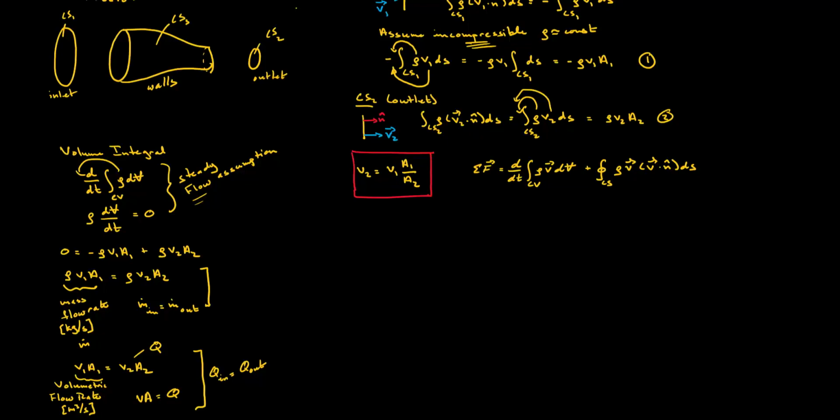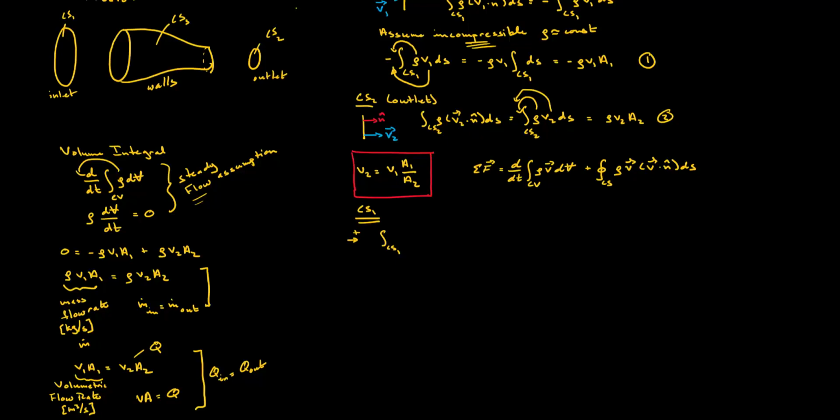Okay, so let's look at control surface 1. Okay, so that's our inlet. So as you recall from your study of dynamics, this is a vector equation. We can split it up into different scalar equations. So let's look at the x direction. So if we say that this is positive to the right, then what we have here is control surface 1.